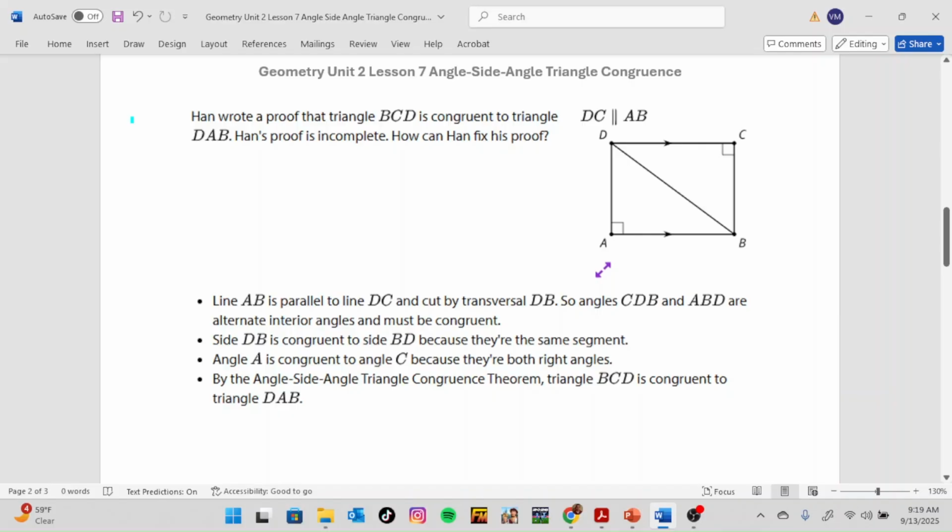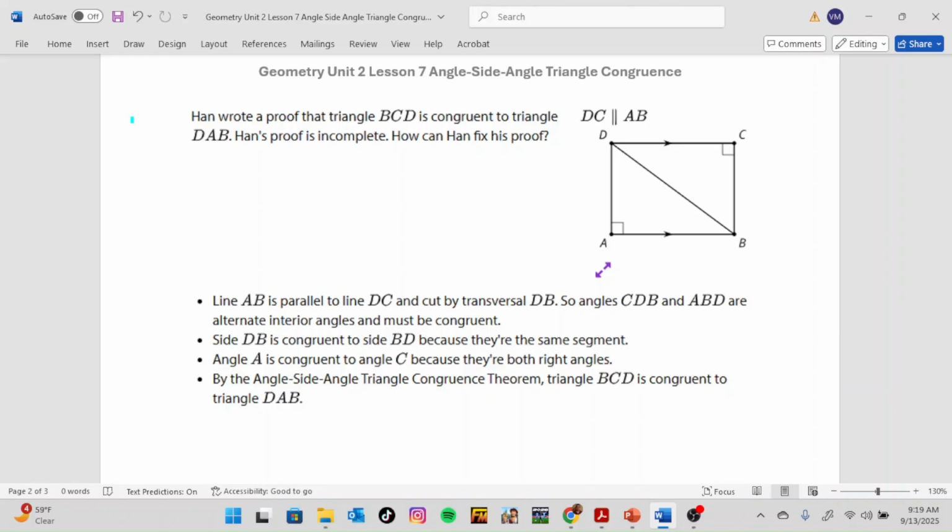Practice problem number 2 says Vaughn wrote a proof that triangle BCD is congruent to triangle DAB. Vaughn's proof is incomplete. How can Vaughn fix his proof?